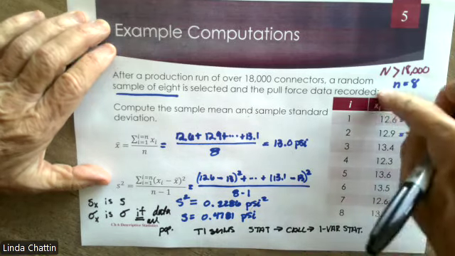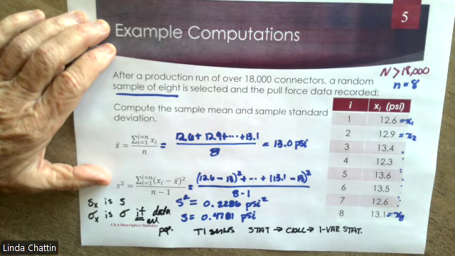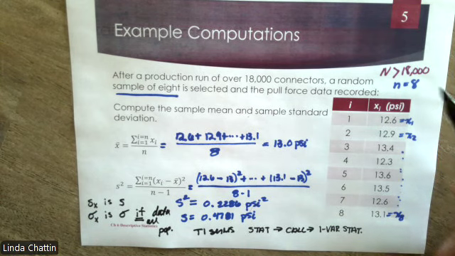So if this was the only 8 values of the connectors, if we only had 8 connectors in the whole wide world ever, then we would want to use this as the standard deviation of my population. But since it's a sample of 8 from something bigger than 18,000, I'm going to use Sx.